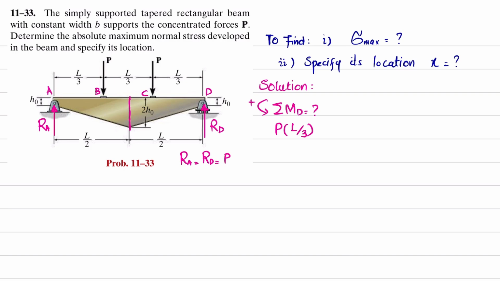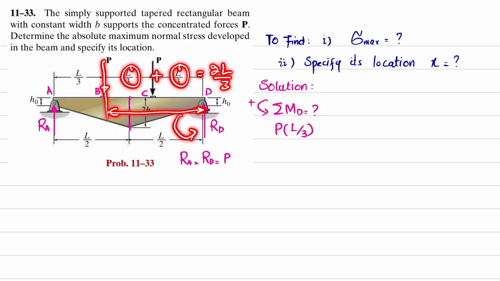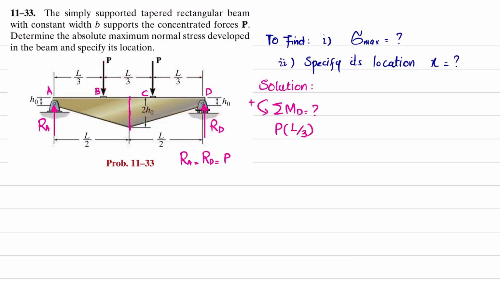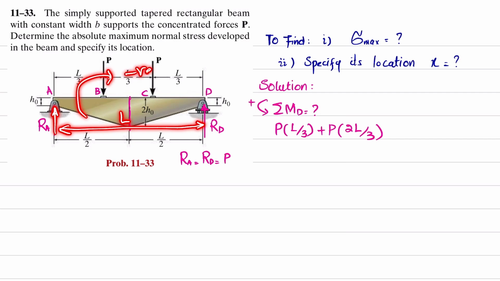The second moment is due to this force P with perpendicular distance L by 3 plus L by 3, which gives 2L by 3, also counterclockwise, so positive: plus P times 2L by 3. The third moment is produced by the RA force with perpendicular distance L, producing a clockwise moment, so it is negative: minus RA times L.